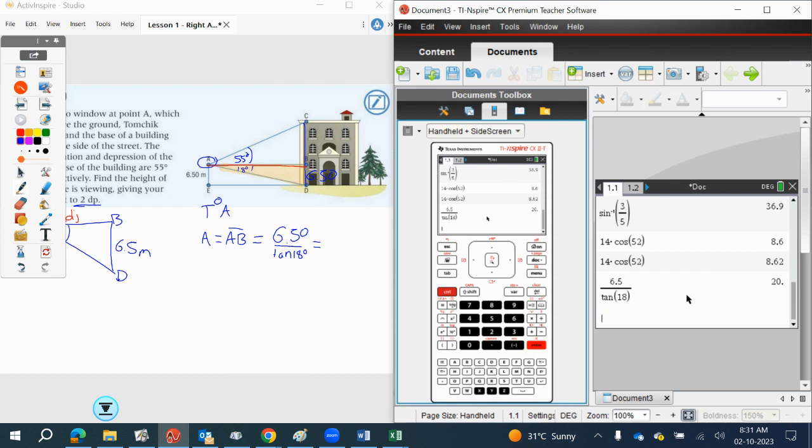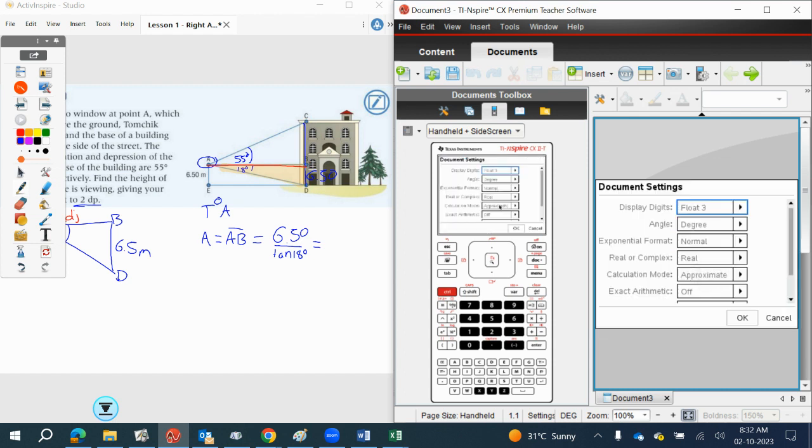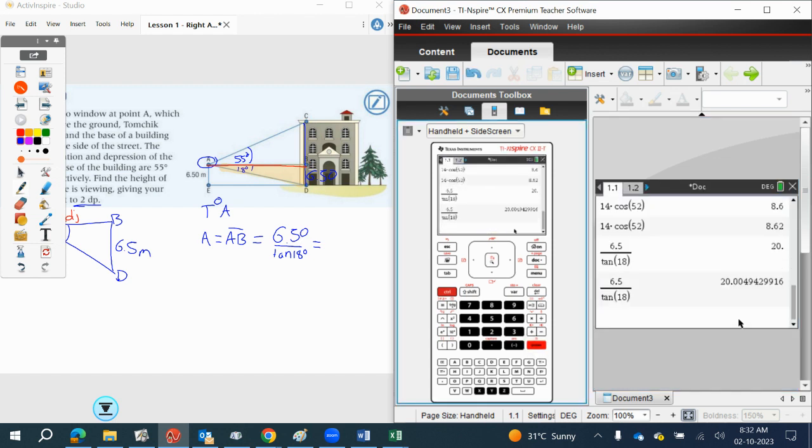So this is the thing, the calculator is in float 3 this time. If I put it in float, you'll see why I get 20.00. This is where the calculator does that annoying thing where, when it's in float 3, it rounds it. Now, listen carefully on this one.